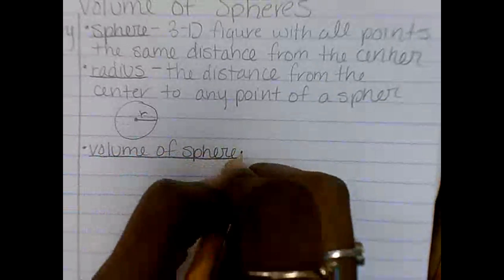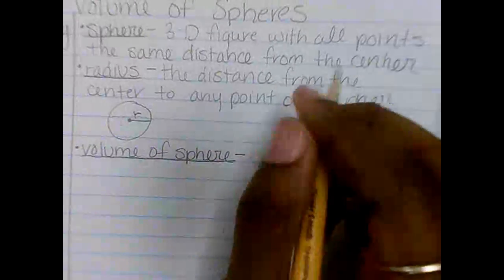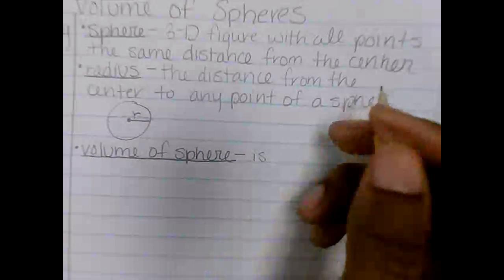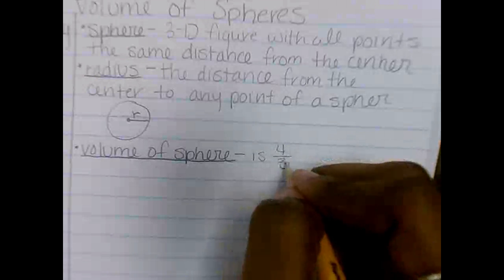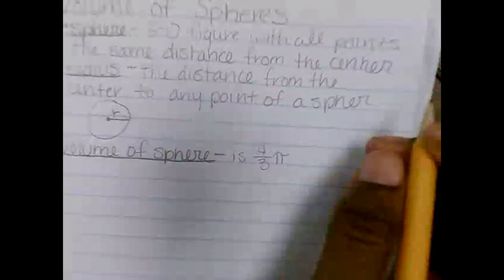Next vocabulary and last term is volume of a sphere. So volume has to do with how much can something hold, like a liquid amount. A bottle holds volume. Anything that has something inside of it, it could be a liquid, but it also could be a solid as well. So there's a formula.